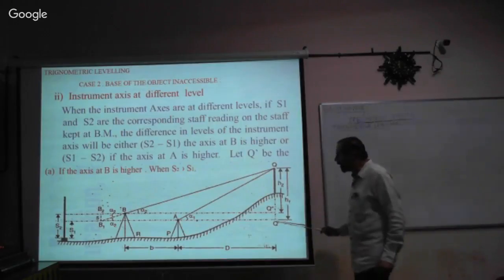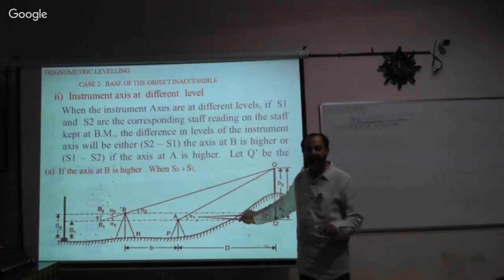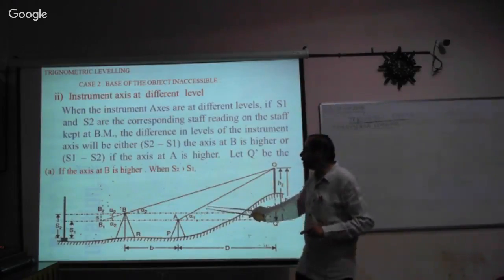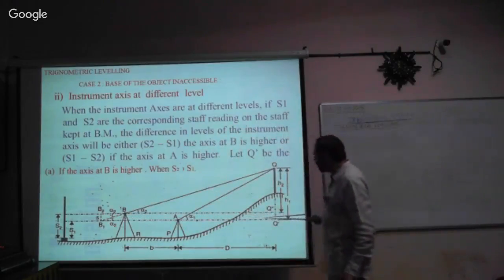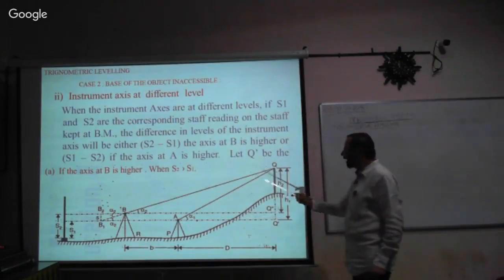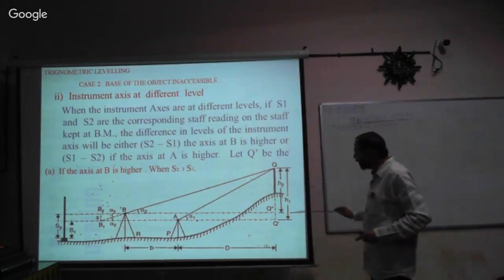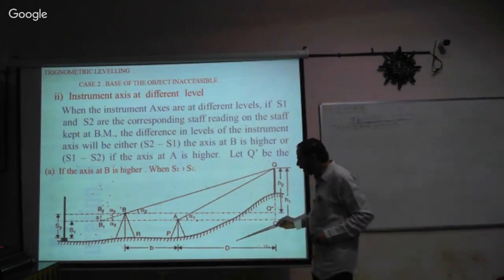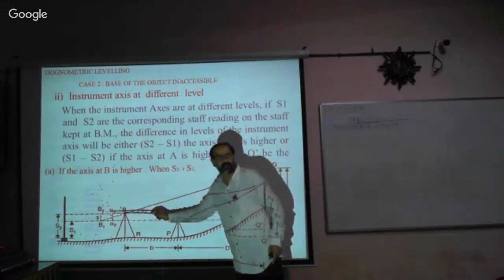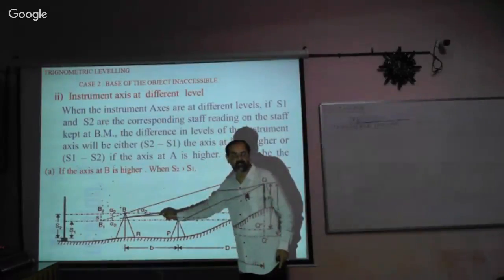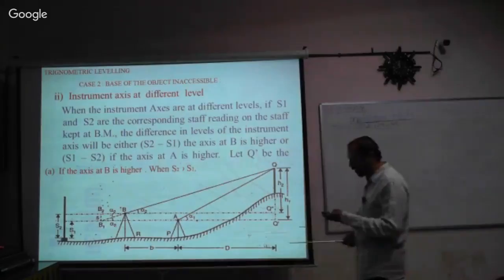H1 is equal to D tan alpha 1. Now considering the second triangle, the modified triangle, H1 is equal to D plus B plus the distance from here to here. Now after solving this problem, let us see what we are going to get.